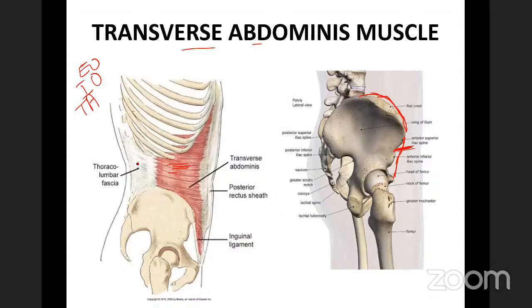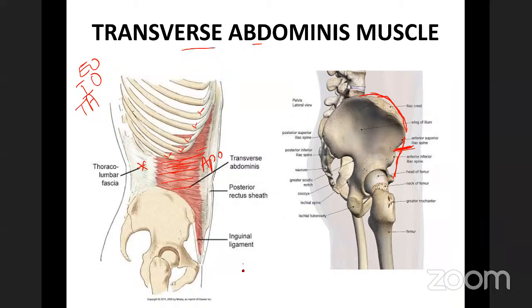It also arises from the thoracolumbar fascia and from the last 6 ribs, and the fibers run transversely and form an aponeurosis. You can see here it is forming the aponeurosis.